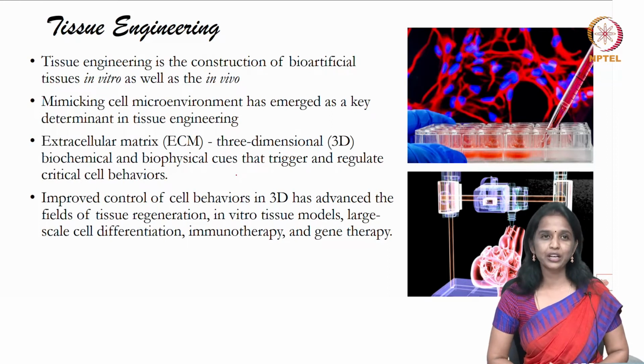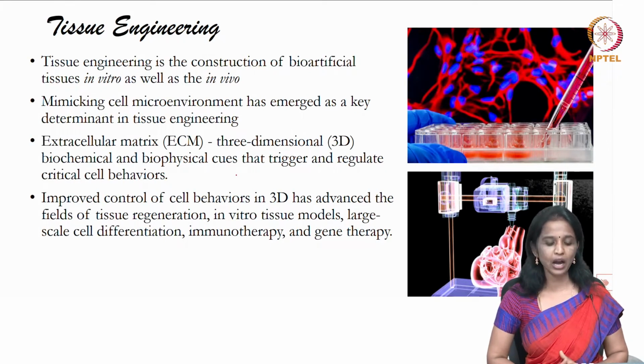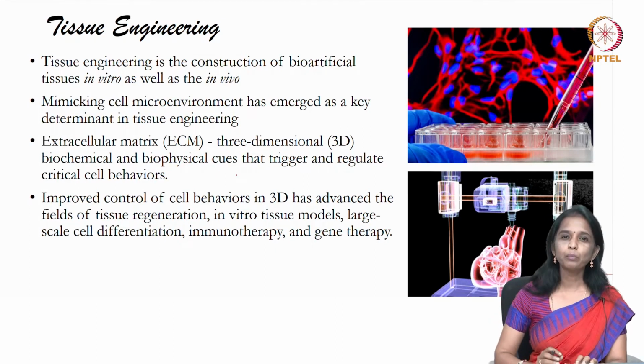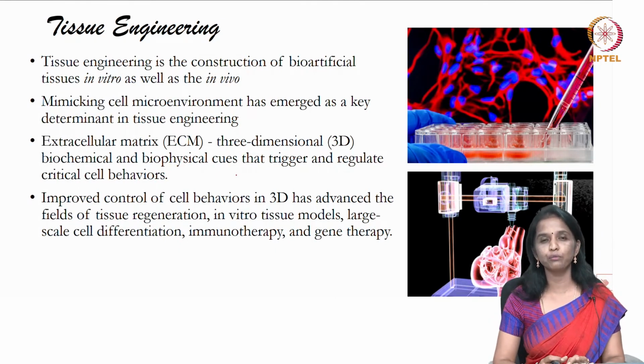Tissue engineering is all about creating bio-artificial tissues in vitro or even in vivo. In tissue engineering, we all know the basics: it needs the cells, the scaffold and the microenvironment.